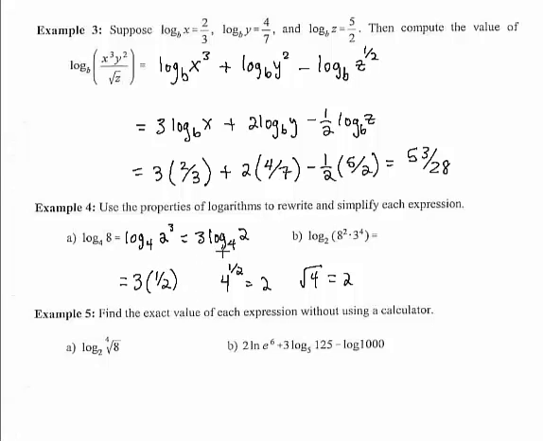Log base 4 of 2 is referring to this exponent. What do we raise 4 to get 2? So I replace this entire log expression with a 1/2, and so we would just get 3/2 in the end. So log base 4 of 8 is 3/2.